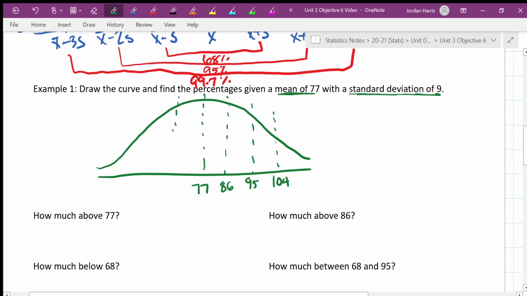As I move down, I'm going to subtract 9. So 68, 59, 50. And then we have to fill out the percents. After you go to each side of the mean, it's 34, 34, then 13.5, 13.5, then 2.35, 2.35, and finally 0.15 and 0.15.